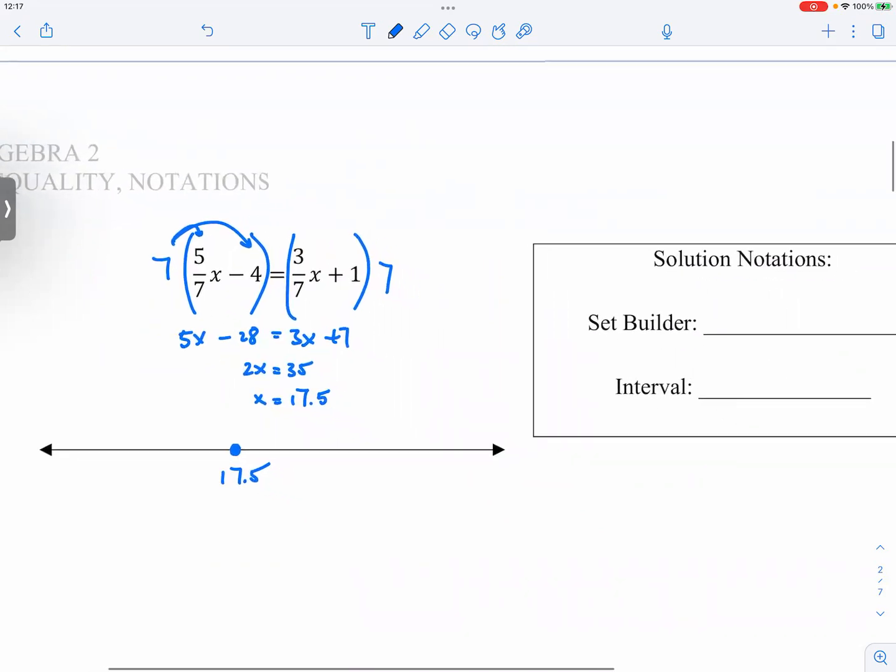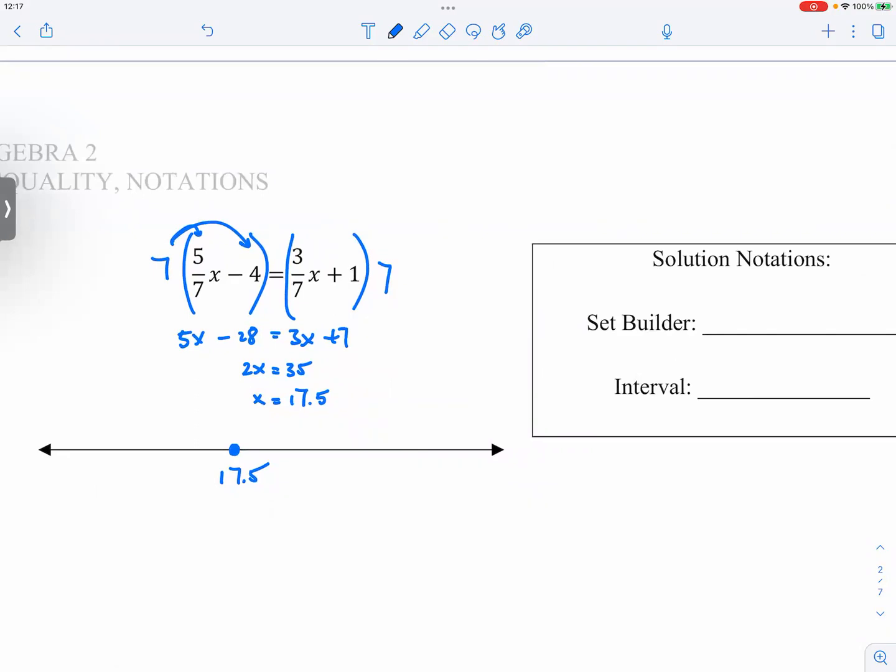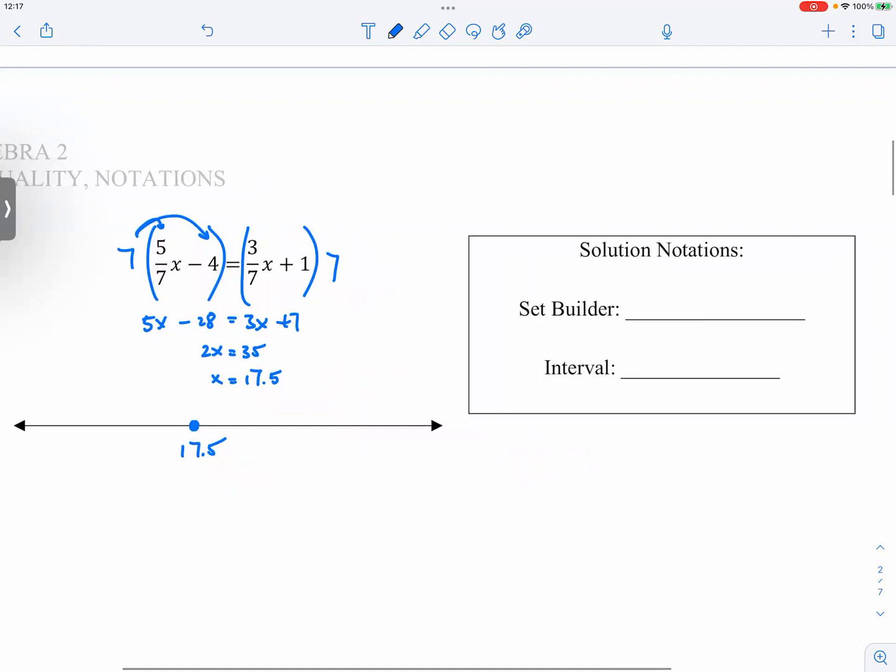Did you all learn set builder notation back in Algebra 1? No? Easy stuff, okay? Nothing to worry. So set builder notation is going to start with a brace, and it's going to end with a brace, but I'm going to do that at the end. So first, you would write down the variable you are talking about. So in this case, we are talking about x as the variable.